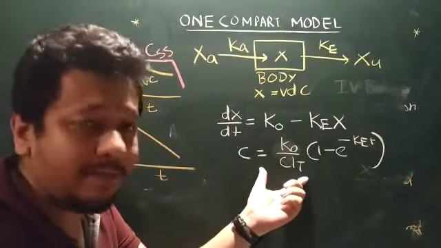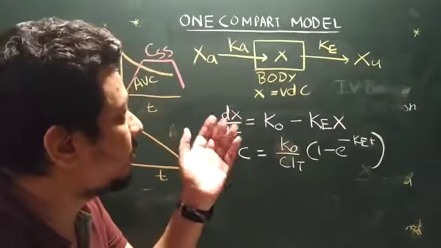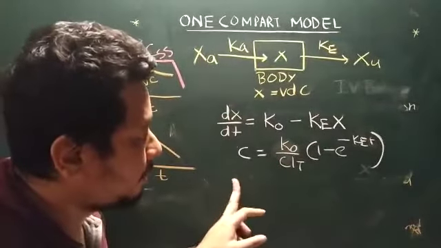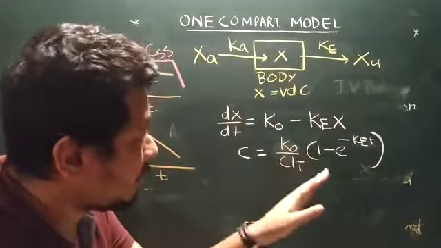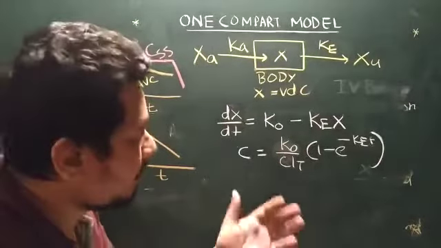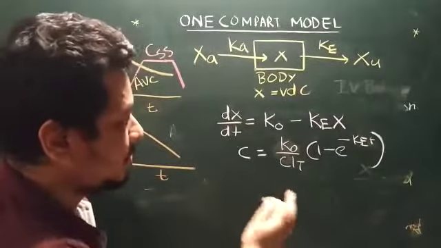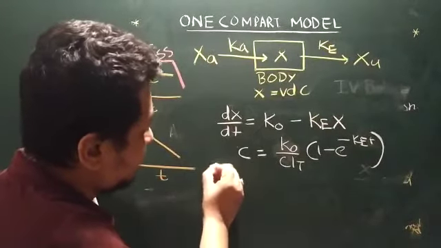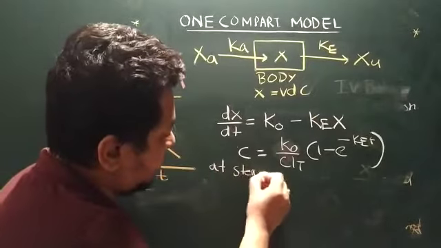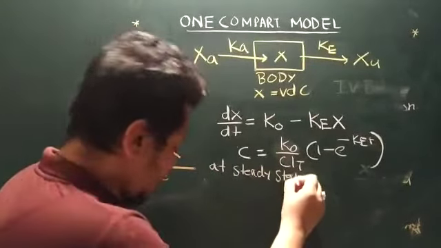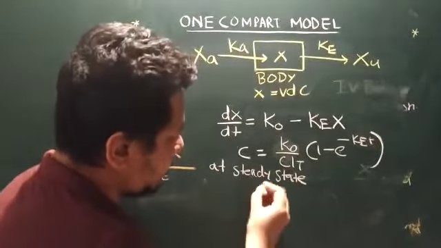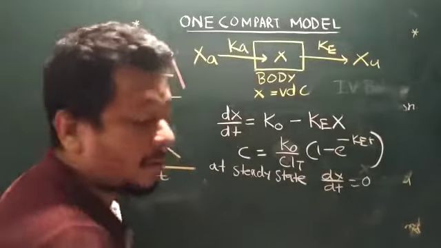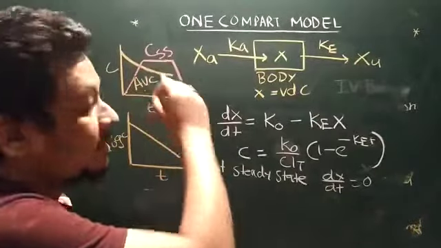Now for IV bolus, we have seen the exponential form: C equals C naught e raised to minus Ket. Now I have to convert this into the logarithmic form, but how we convert it, just watch this. Now at steady state we can write dX/dt, the change in drug amount in the body, is 0 because the concentration is maintained.